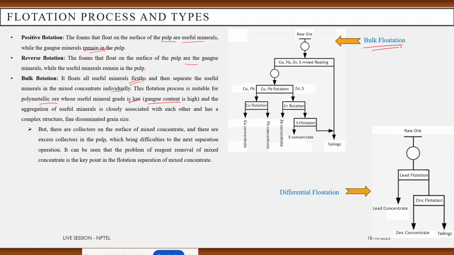You can see this typical example of bulk flotation. Suppose the raw ore is polymetallic ore. It might have more than one metal inside. Suppose this raw ore is polymetallic and has copper, lead, zinc and sulfur. So this is the mixture raw ore.